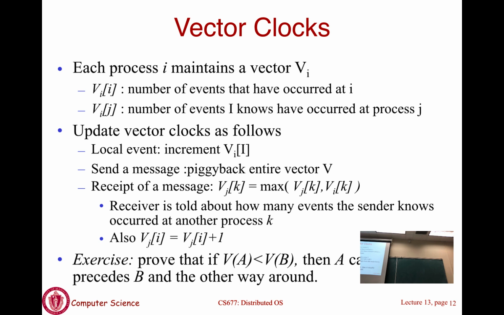Now, let us take some other events. In particular, I am going to take this event and this one. I am going to write them here. What is the relationship between these two vectors?